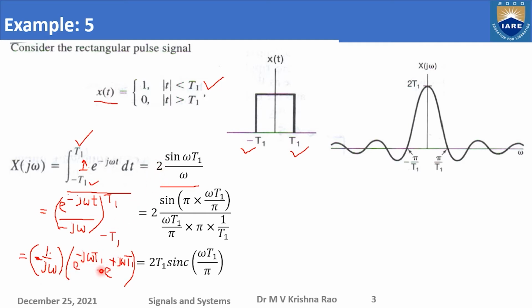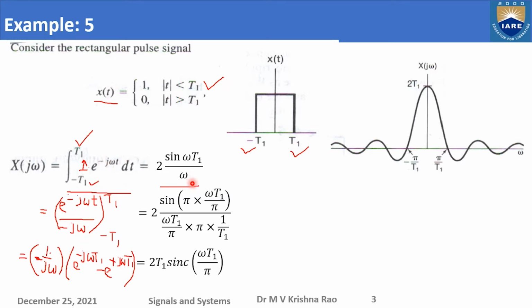Here e to the power of plus j theta minus e to the power of minus j theta divided by 2j becomes the sine function, sine omega t1, because theta is omega t1. And what about the omega in the denominator? This is how you can easily derive it.